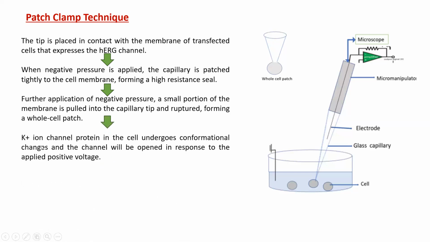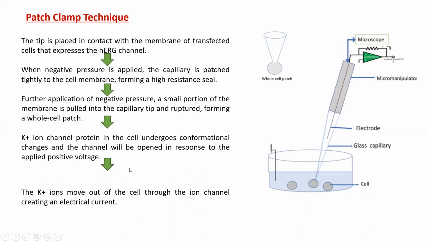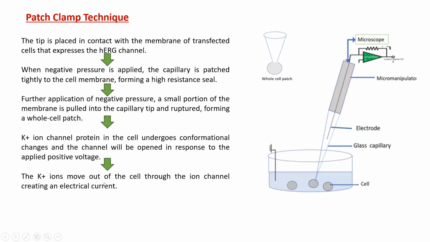Then the potassium ion channel protein in the cell undergoes conformational changes, and the channel opens in response to the applied positive voltage. The potassium ion moves out of the cell through the ion channel, creating an electric current. So as the potassium ion comes outside, this electrode will measure the electric current.